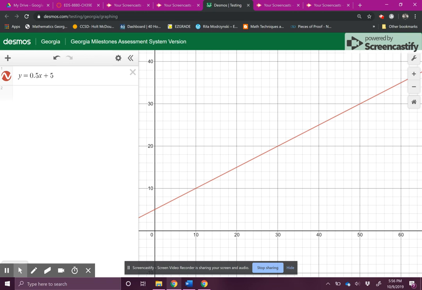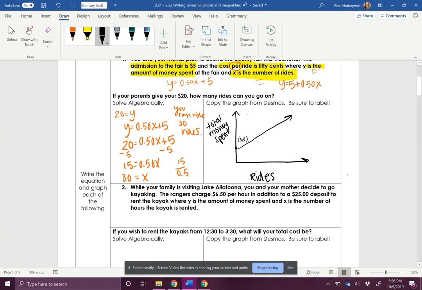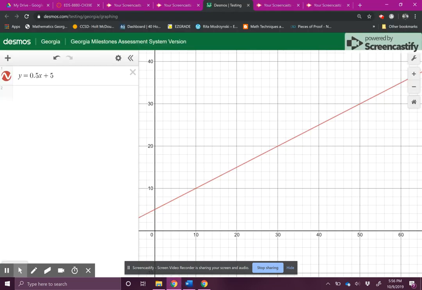Isn't that the answer we just got previously? That if I get $20 from my parents, I'm going to be able to ride 30 rides. We can literally see that in the graph. $20, since y is total cost, scroll over, down, 30 rides.